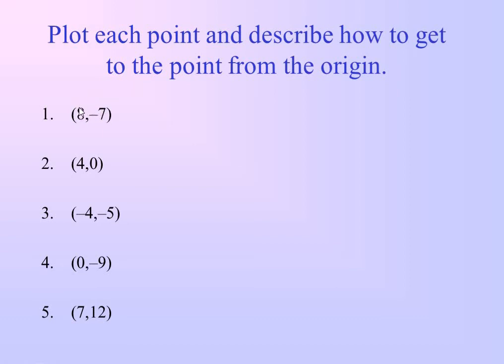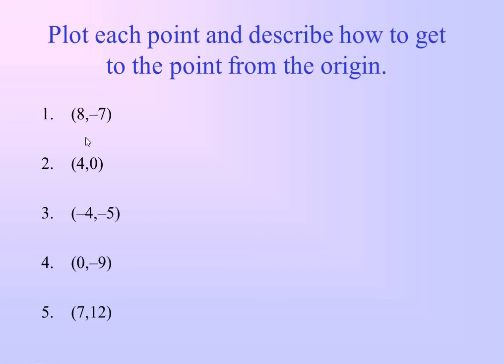Now, in which quadrant do you think 8, -7 will be? If you remember, it will be in the 4th quadrant. I want you to remember that x is positive while y is negative.